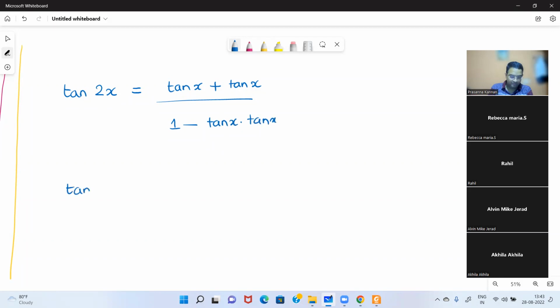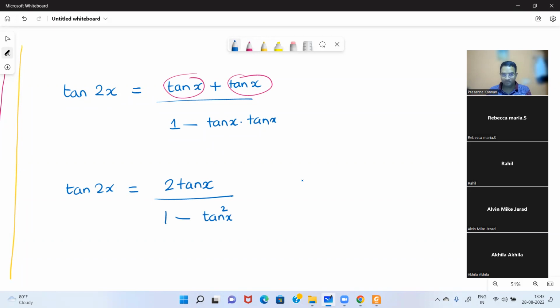So tan 2x will be 2 tan x divided by 1 minus tan square x. This is an important formula.